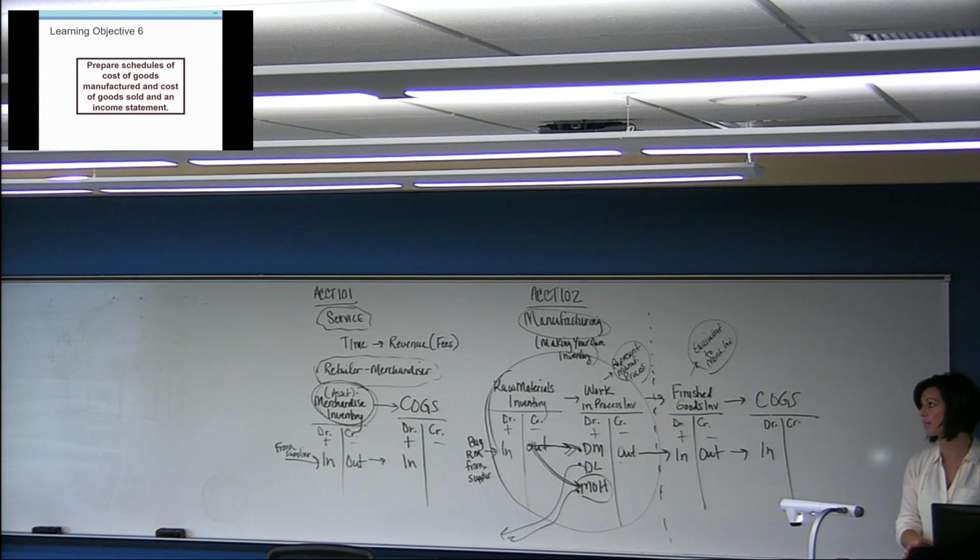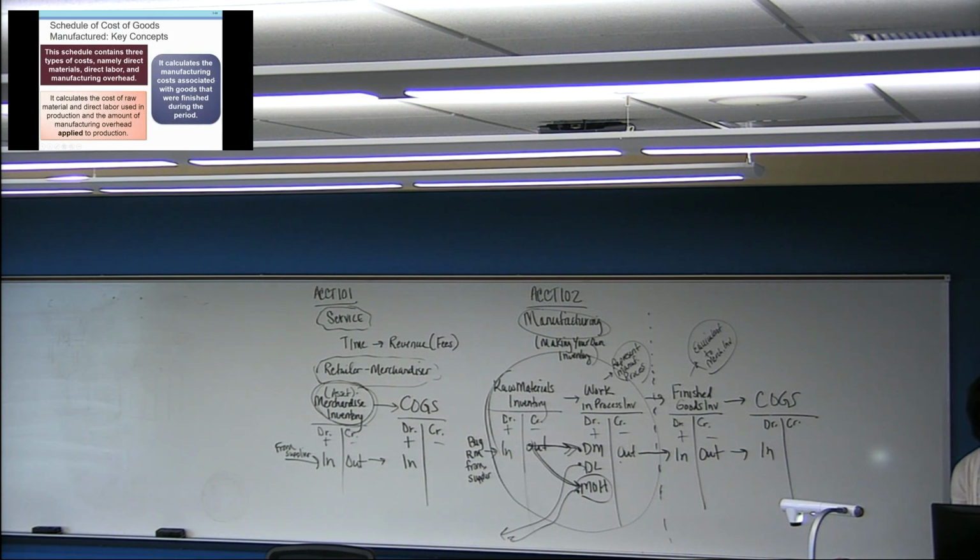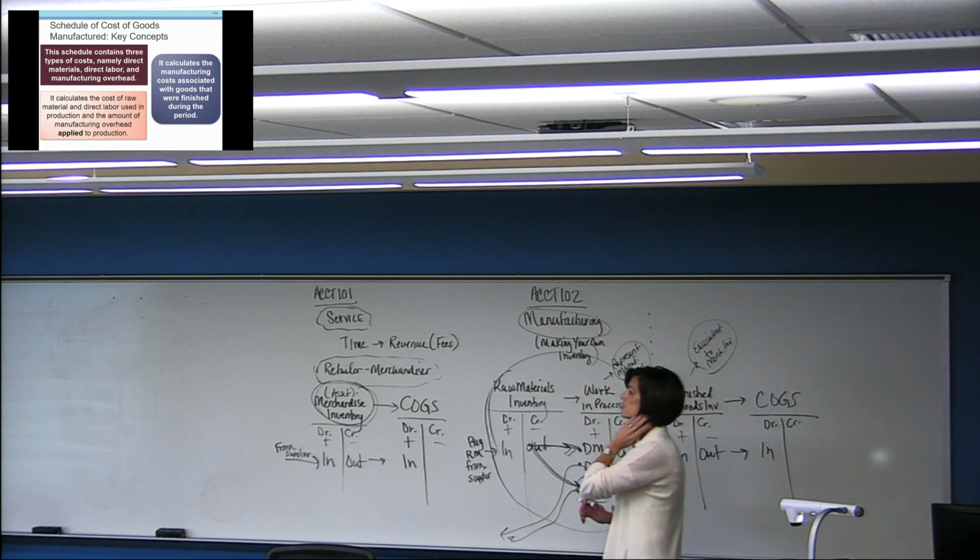I also won't put something like this on a test because it's too lengthy. And it would be the only problem I could probably put on a test. So we do it for homework purposes and for the fact that it's important because there's some data we do need from it. But that's pretty much where it's going to end as far as whether it shows up on the test. So the schedule, okay, so we're going to start here with the schedule of cost of goods manufactured.